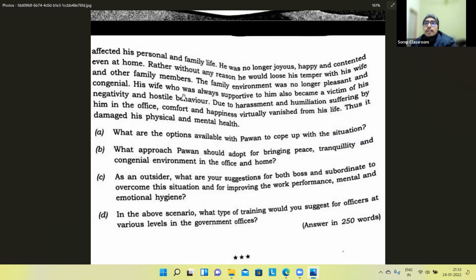Then, third phase, action part starts. On the basis of the above, Pawan should adopt the following. First, a mental health expert can be hired in the office to conduct regular sessions with the colleagues.